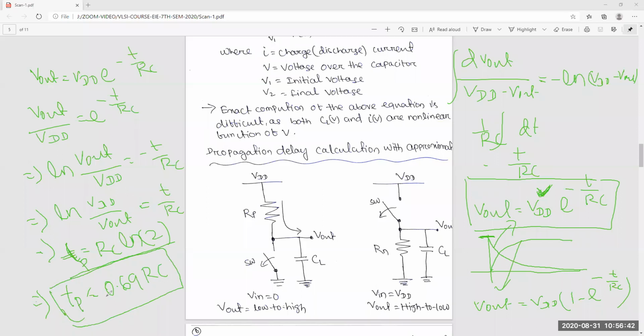Okay. So now, what Pracheta and Shatabdi said initially, that for one time constant, your charging time is 63%. Charging or discharging? What he said.